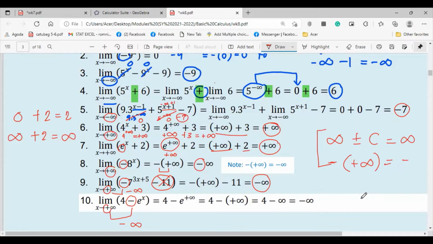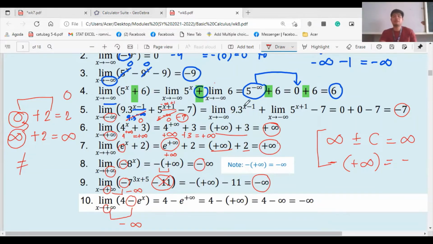Malaki yung tulong ng dalawang yan. Wag na wag lang kayo mag-interpret that 0 plus 2 is 0 kasi nag-overthink ka na. Infinity is not 0. They are not the same. Because infinity is not a number. So when you add a number to infinity, infinity is still infinity. Kasi nga infinity is not a number. Hindi siya dapat isama. Infinity is a behavior.